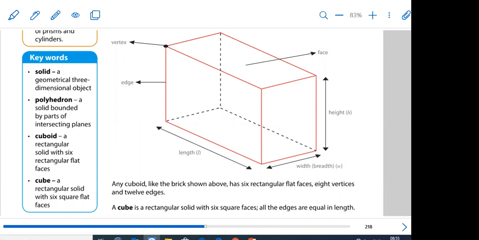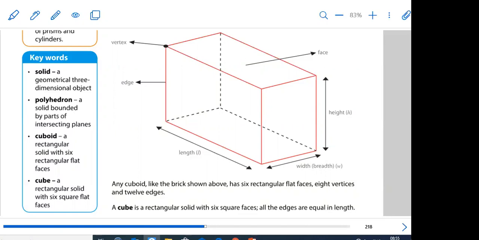And when we speak of a polyhedron, we're talking about a solid which is bounded by parts of intersecting planes. And I've already spoken about the cuboid. When we started, I said that a cuboid is a rectangular solid with 6 rectangular flat faces. And a cube is just another rectangular solid with only 6 square flat faces.